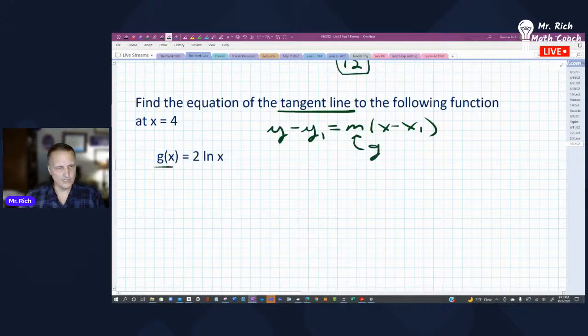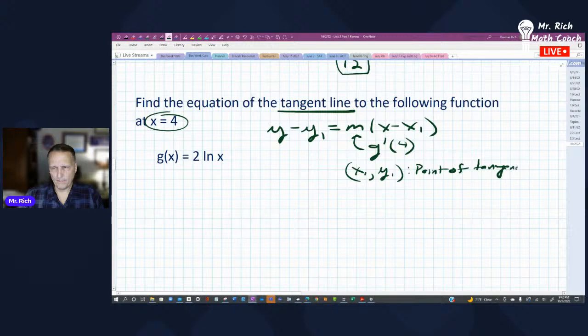Well, that's going to be the derivative of the function, in this case g of x, evaluated at the x value of interest. So that's going to be g prime of 4. Then to complete my tangent line equation, I need to find the point of tangency, x1, y1.